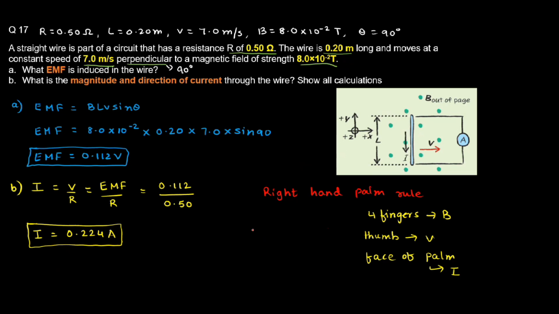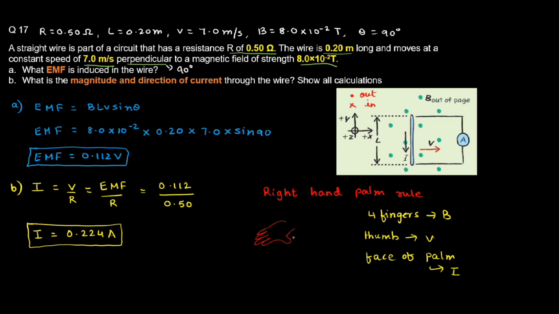So let's try using the right hand palm rule to find the direction of induced current. Magnetic field here is pointing out of the page. The dot represents coming out of the page. And if you have a cross, cross means going in. I will point my 4 fingers coming out of the screen. Speed is going to the right, so my thumb will be pointing to the right.